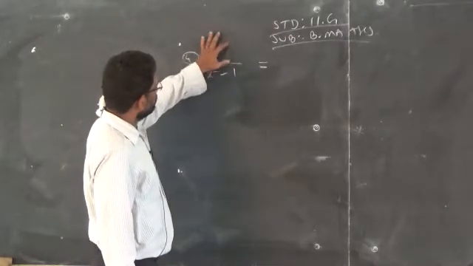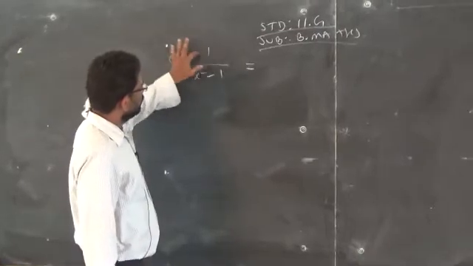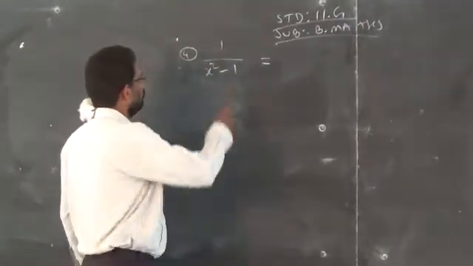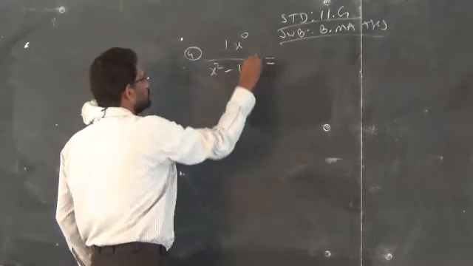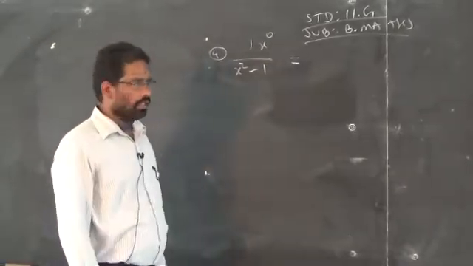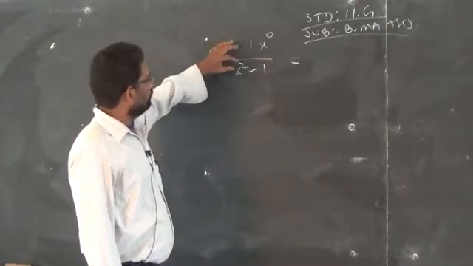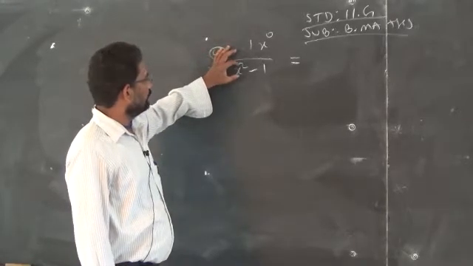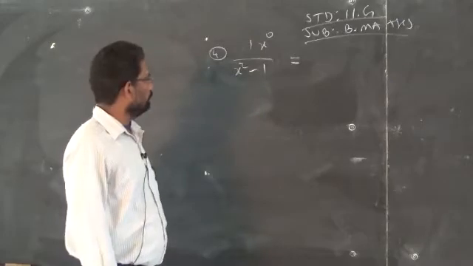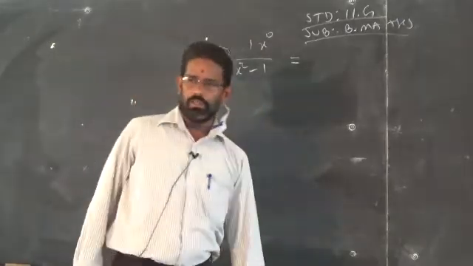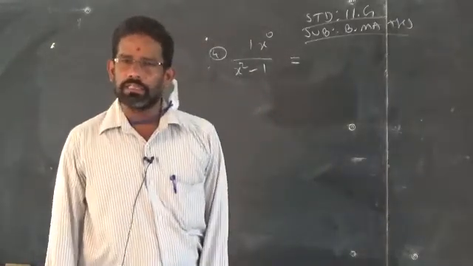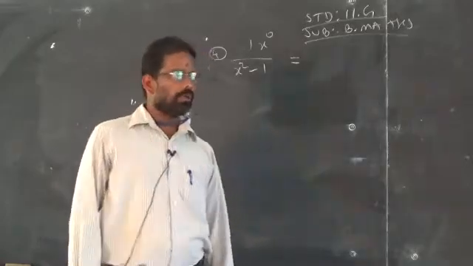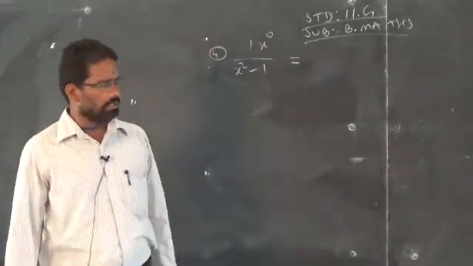See, there is no variable in the numerator. If so, you can take x power 0. When the degree of the variable in the denominator is more than the degree of the variable x in the numerator, it is called a proper rational expression, like the proper and improper fractions that you learned in lower classes.